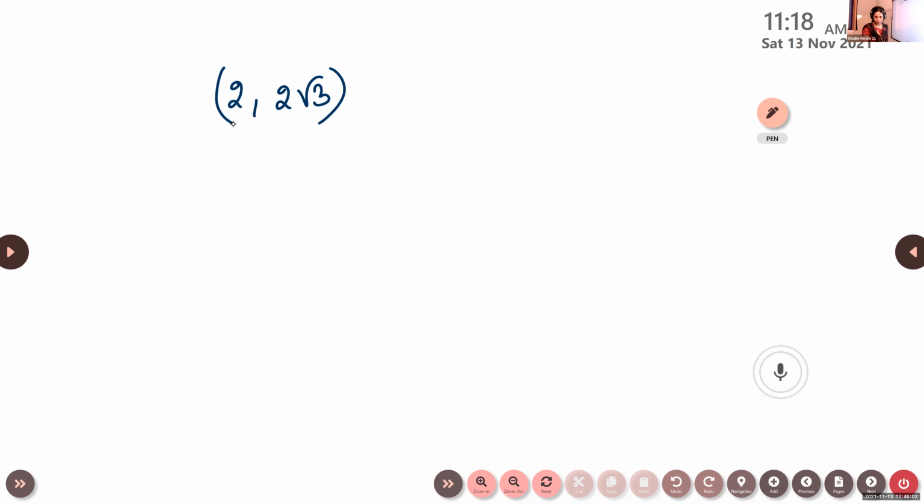Equation of the line passing through the point 2, 2 root 3 and inclined with the x-axis at an angle of 75 degrees.